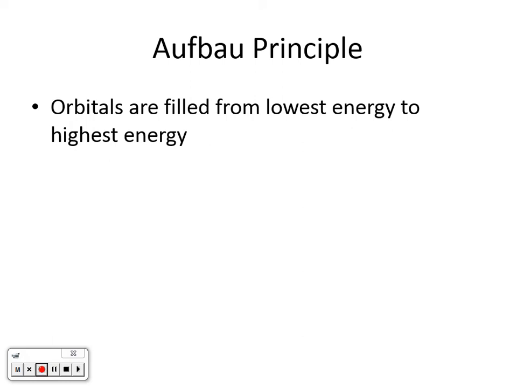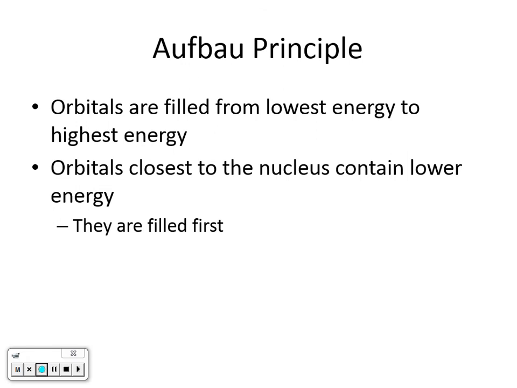And as we've already discussed, which of our orbitals have the lowest energy? Where are orbitals that have the lowest energy? Closer to the nucleus, right? So basically, we fill up the orbitals that are closer to the nucleus first, and then we go from there.